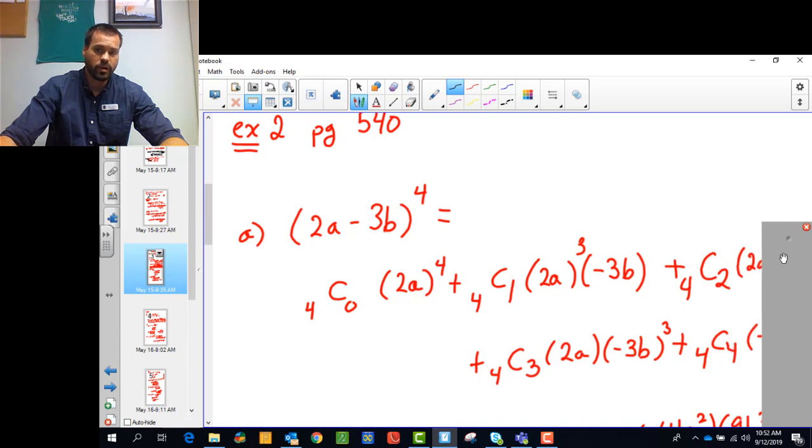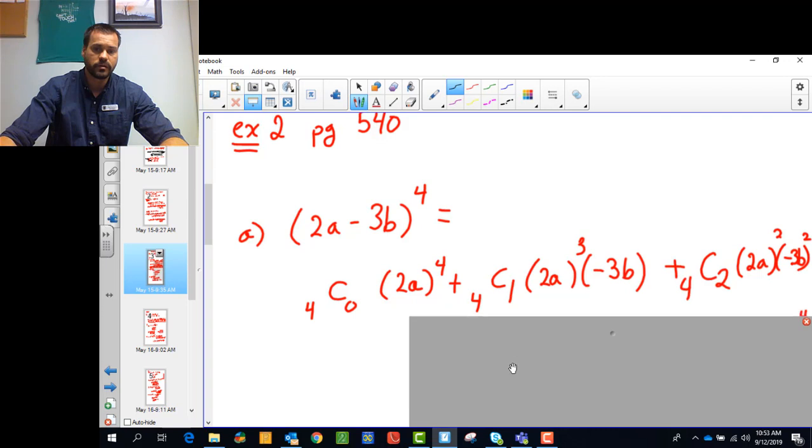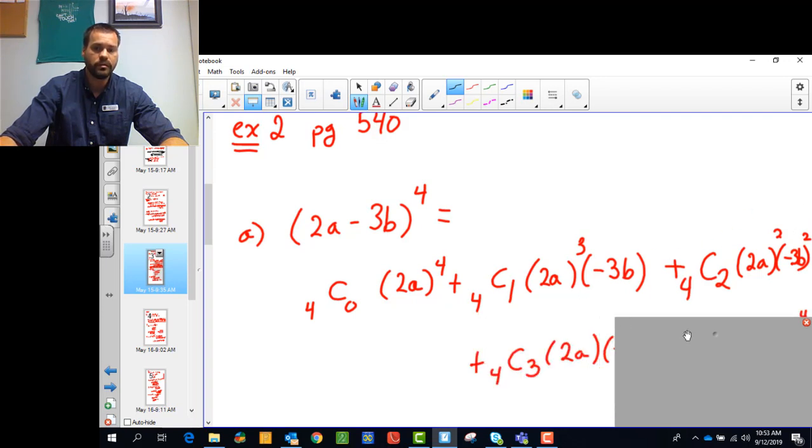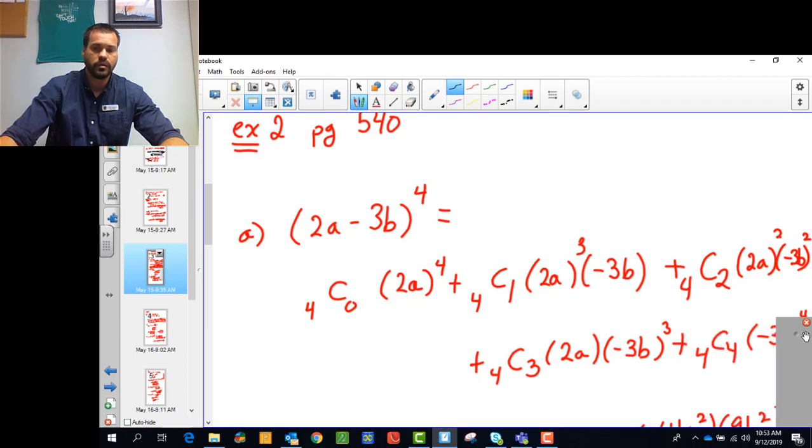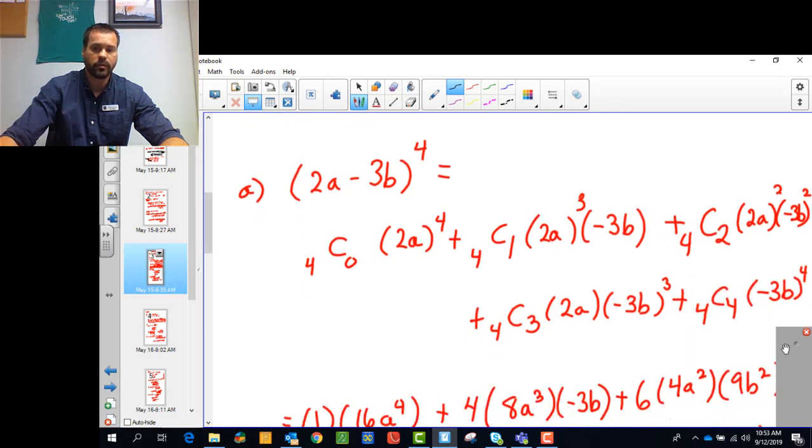We take 1 away from 3 to get 2a squared, and we get minus 3b squared because it's going up by 1. Then we do 4 choose 3. 2a is now from 2 to 1, and minus 3b goes from 2 to 3. And finally, we have 4 choose 4 and minus 3b to the 4th power.